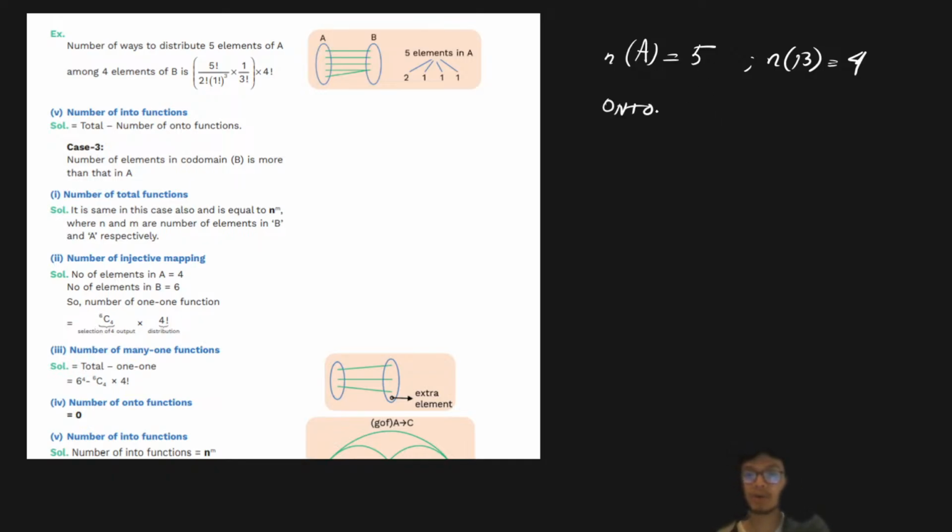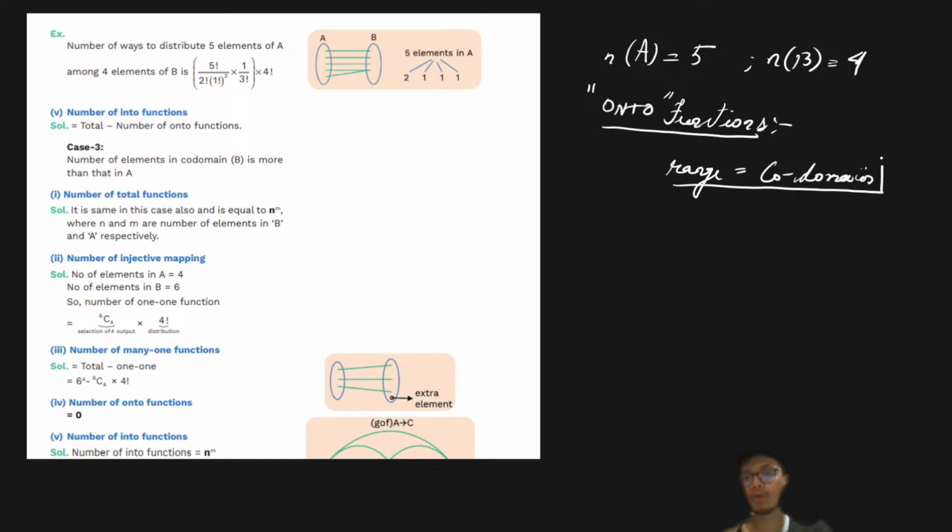To calculate onto functions, the range should be equal to the codomain. To satisfy that, the elements of A have to be distributed among the elements of B.